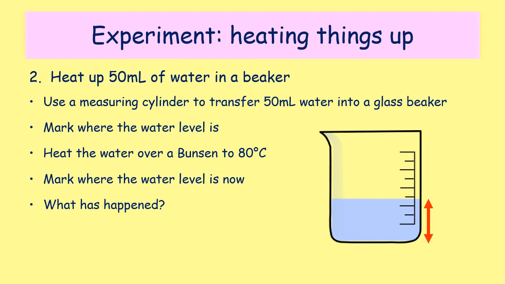Then pour the water into an empty kettle and boil it, and then pour it back into the container and see whether or not it comes to the same height or whether it has changed height. Or you can actually, on a cooker, if you've got a pot or a pan, you can try, but it's easier to do it with boiling water in a kettle and then pouring it back into a container.